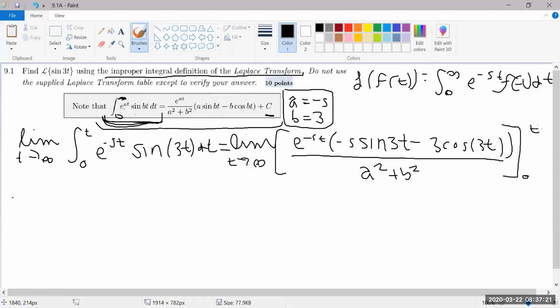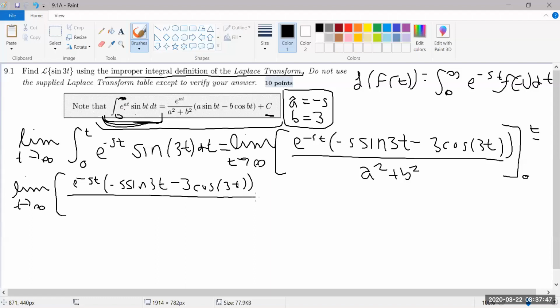So let's do that. We have our limit as t approaches infinity. Evaluated at t, it looks the exact same: e to the negative st times negative s sine 3t minus 3 cosine 3t, then over a squared plus b squared.